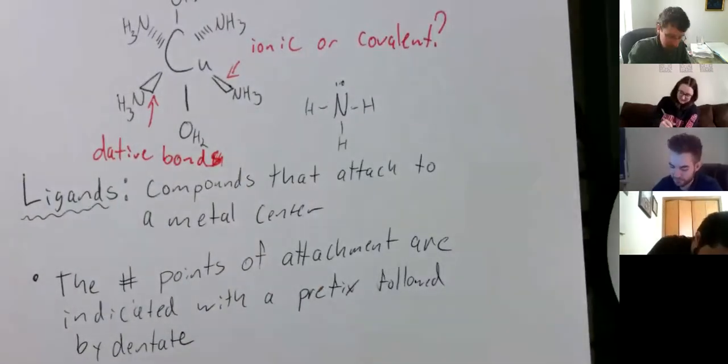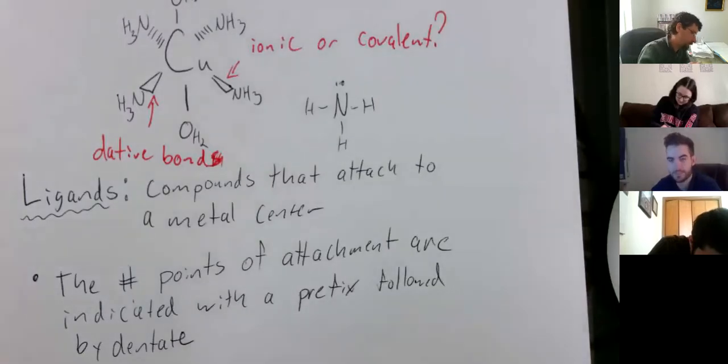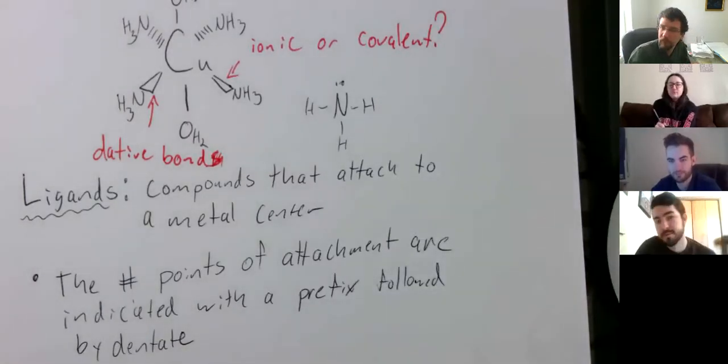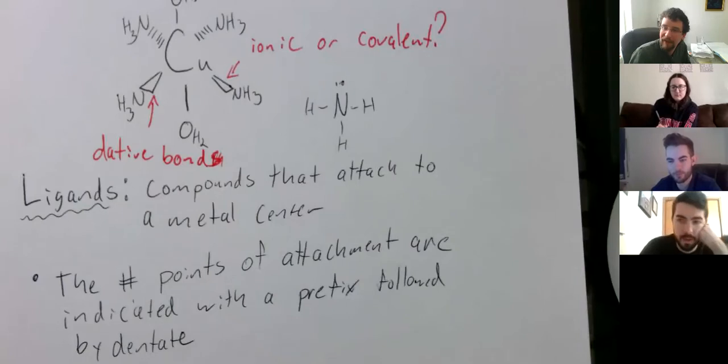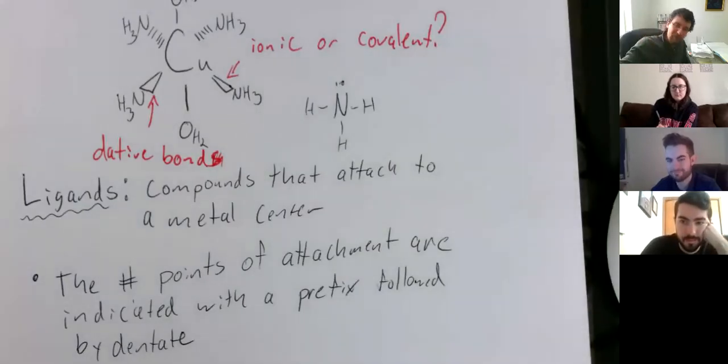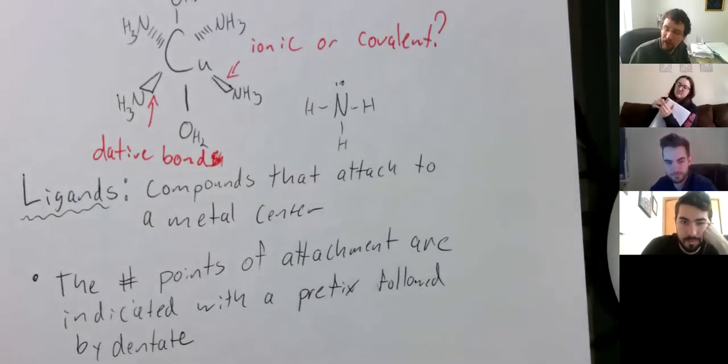So a dative bond, do you remember what the definition of a dative bond was? Going from high to low, like aluminum. Or is it... Don't even worry about big complicated MO arguments. So what happens to make a dative bond?